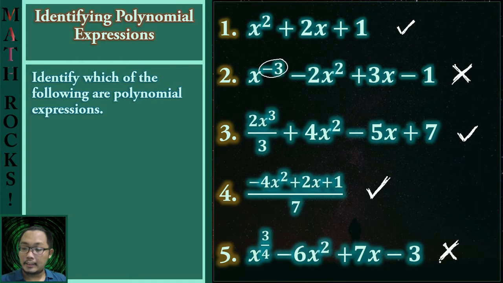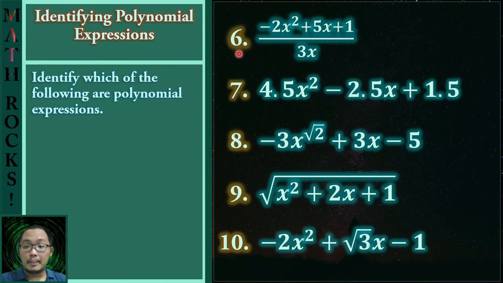This is not a polynomial expression because the exponent should be a non-negative integer. Integer implies that the number is a whole number, and by looking at this, we have an exponent which is a fraction. So this is not a whole number, so this is not a polynomial expression.